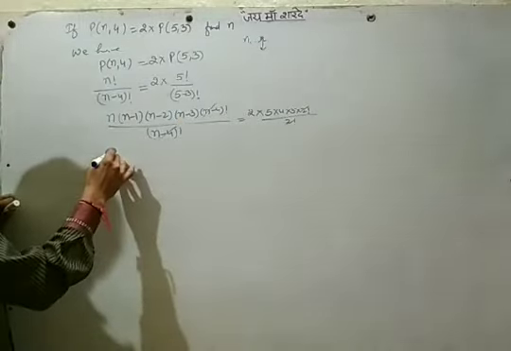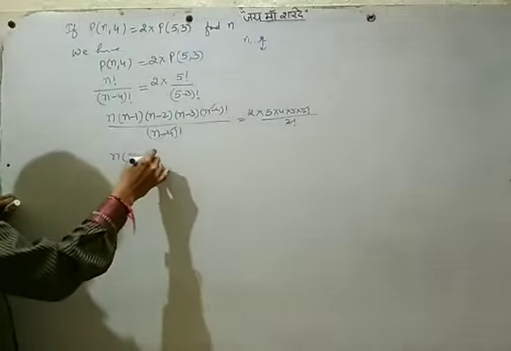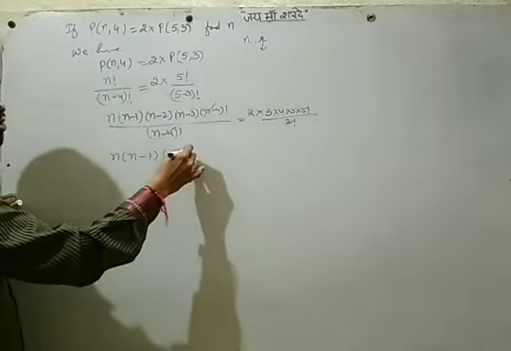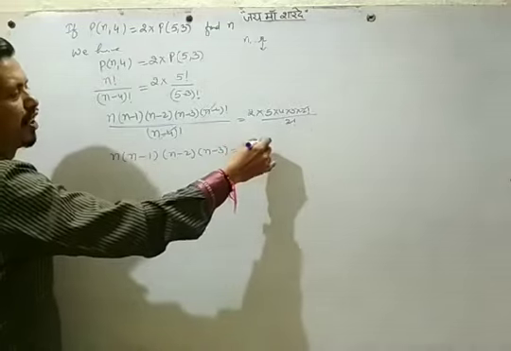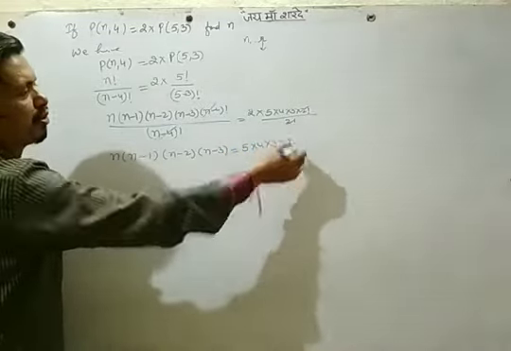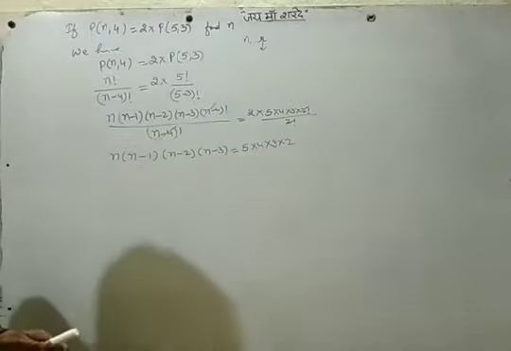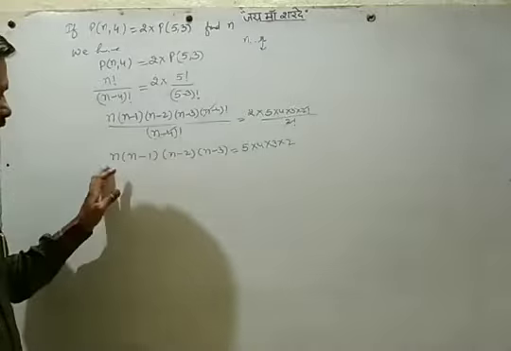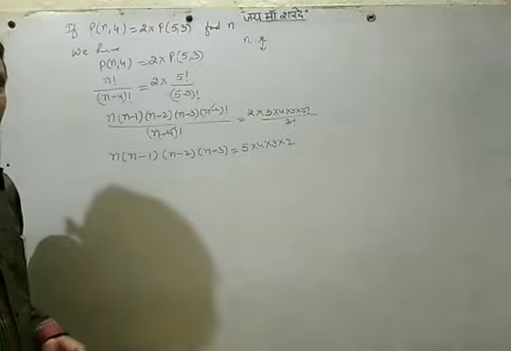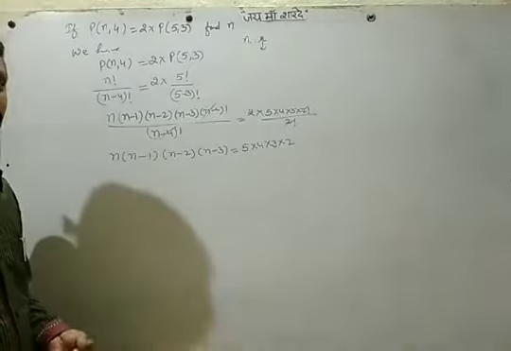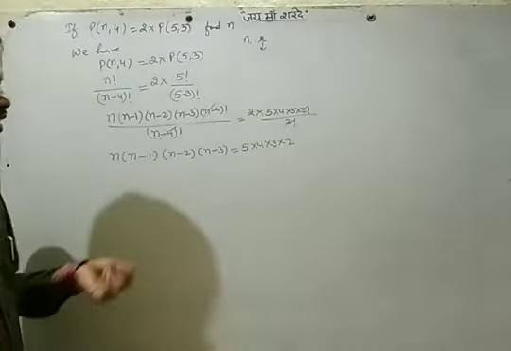So what we have now? n into (n minus 1) into (n minus 2) into (n minus 3) is equal to 5 into 4 into 3 into 2. Now how to find n? If you multiply this out, we get an equation of degree 4, and it is not easy to solve an equation of degree more than 2.